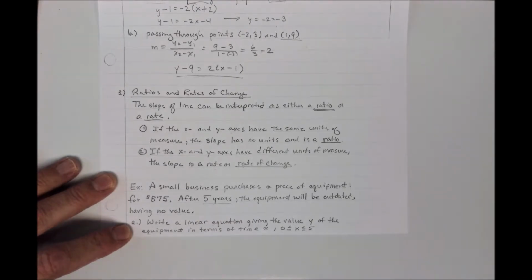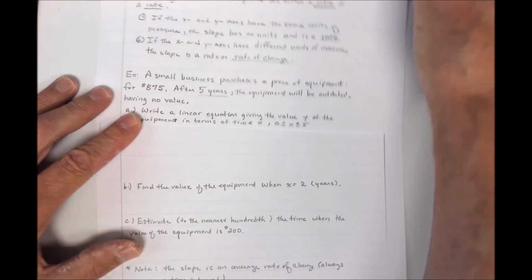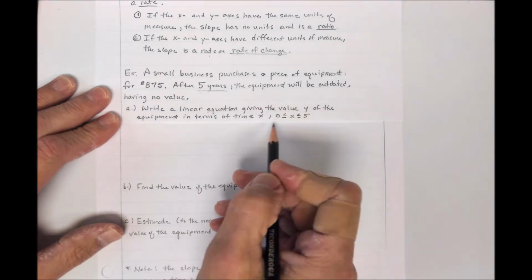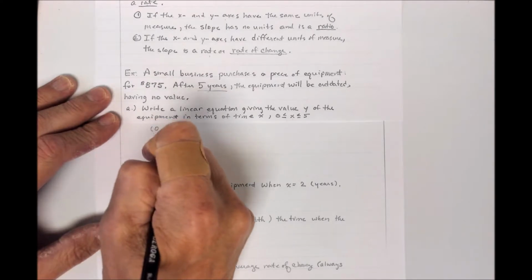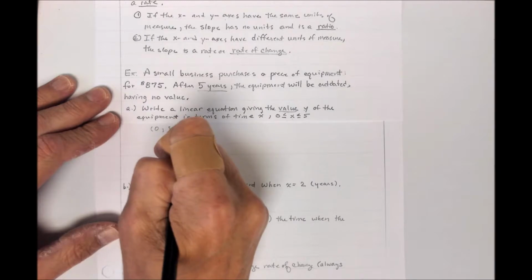So there's absolutely not enough room there. I am going to kind of slide this right next to it and see if I can work this out here on the space that I have at the top of this next page of notes. Well, when x is 0 for your time here, the value of the machine, which is the y, is 875.